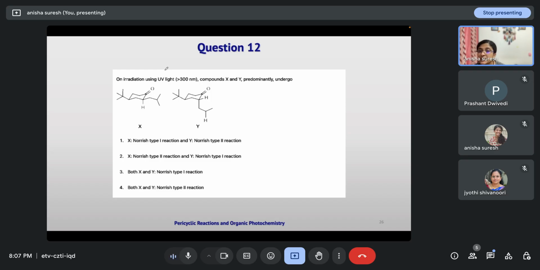So in which case there is possibility for gamma hydrogen abstraction, depending upon that one of these compounds will be undergoing Norrish type 2 and the other one will be undergoing Norrish type 1, which is alpha fragmentation, and then subsequent secondary reactions. So which of these compounds X and Y will be undergoing a Norrish type 2 reaction?